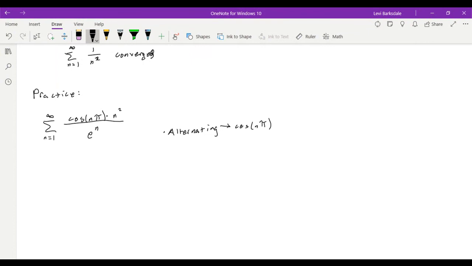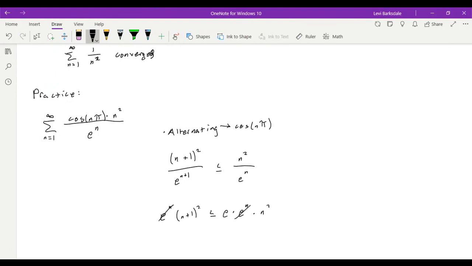Now we can also see that if we take an n plus 1 term, it is actually smaller than the n term. Because first off, we can cross multiply, and we get e to the n times n plus 1 squared is less than or equal to e times e to the n times n squared.